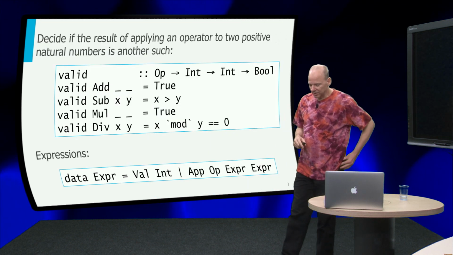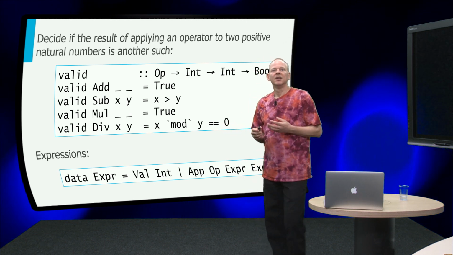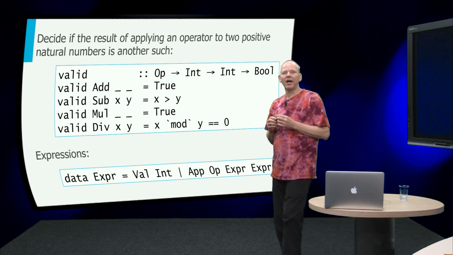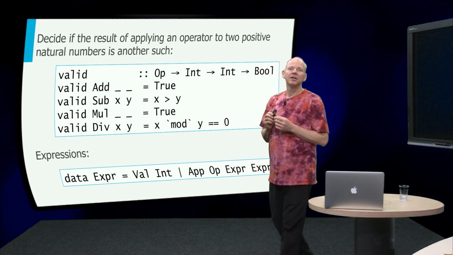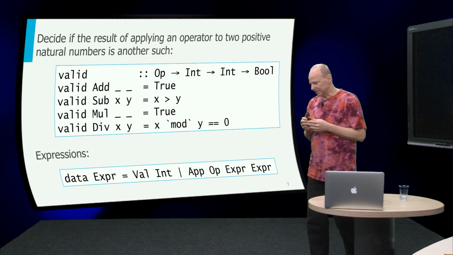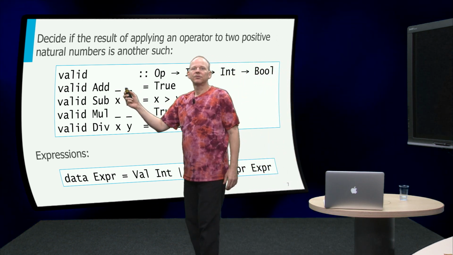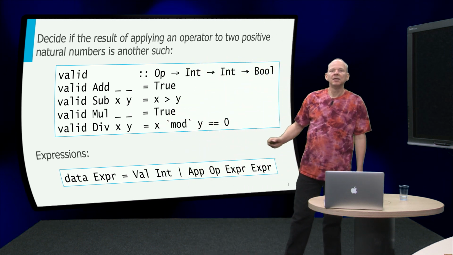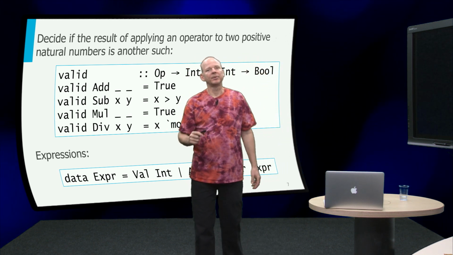Now let's encode the rules of the game. One of the rules was that every operator must be applied to positive numbers. So let's check that when we apply an operator, it's a valid application of that operator. If we add two numbers, we don't have to check, because if we add two positive numbers, the result will be positive.